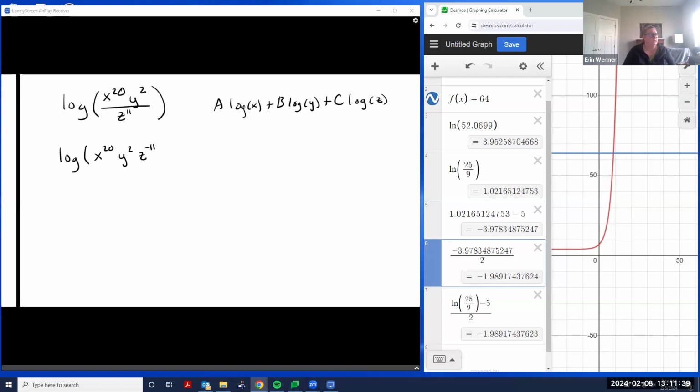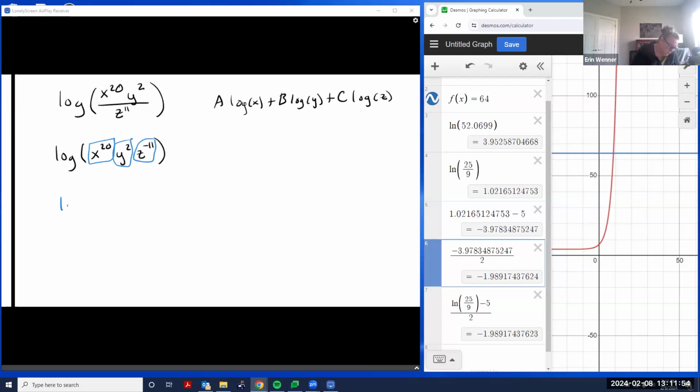And so once I rewrite that, now I can see that I have the product rule happening because it's the product of three values. So I can break this up into log of x to the 20th plus log of y squared plus log of z to the negative 11th.